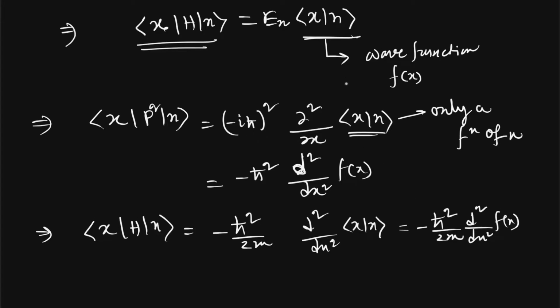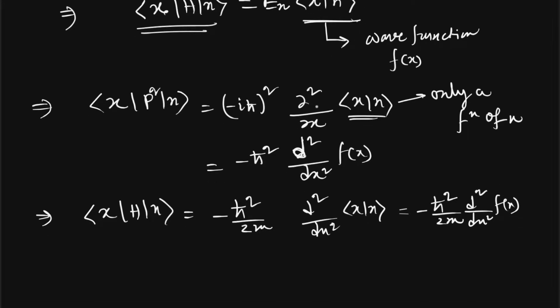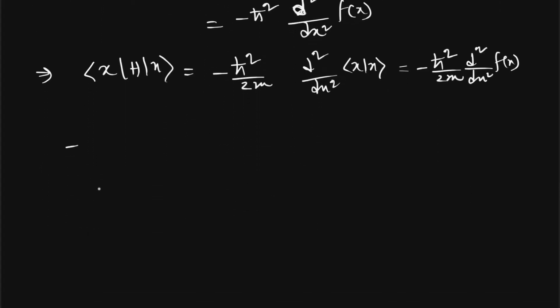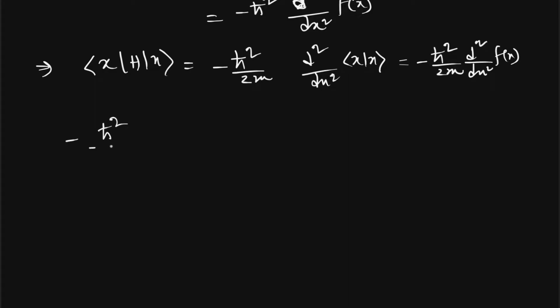Now let us calculate the value of this wave function. Minus ħ² by 2m d²/dx² f(x) should equal En f(x).